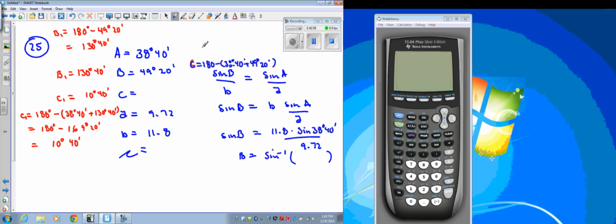I'm gonna go up this way. 180 degrees minus 40 and 20 is 60, so that's an extra degree.